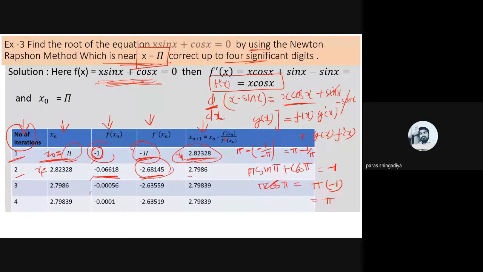Now check the function output, meaning x2. So it will be 2.82328 minus.